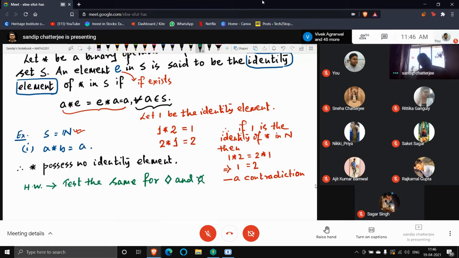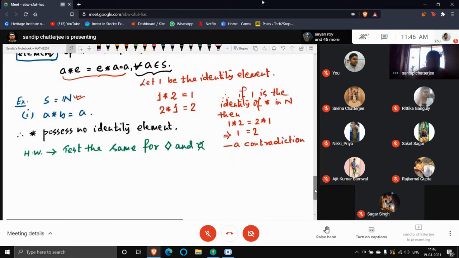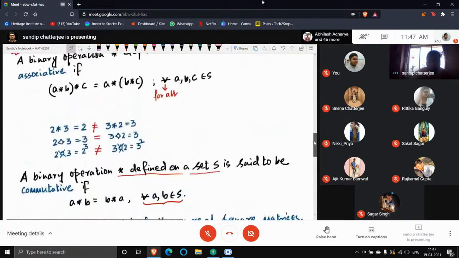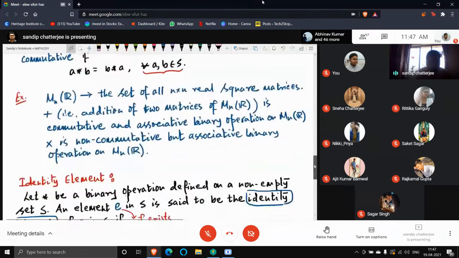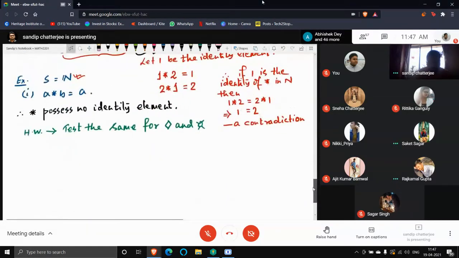Can you do this checking for these two other binary operations? Yes or no? Yes, sir. Okay, try to do. Sir, could you repeat once again? Your voice is breaking. Whatever I said, it is written: test the same for these two, meaning the other two binary operations.